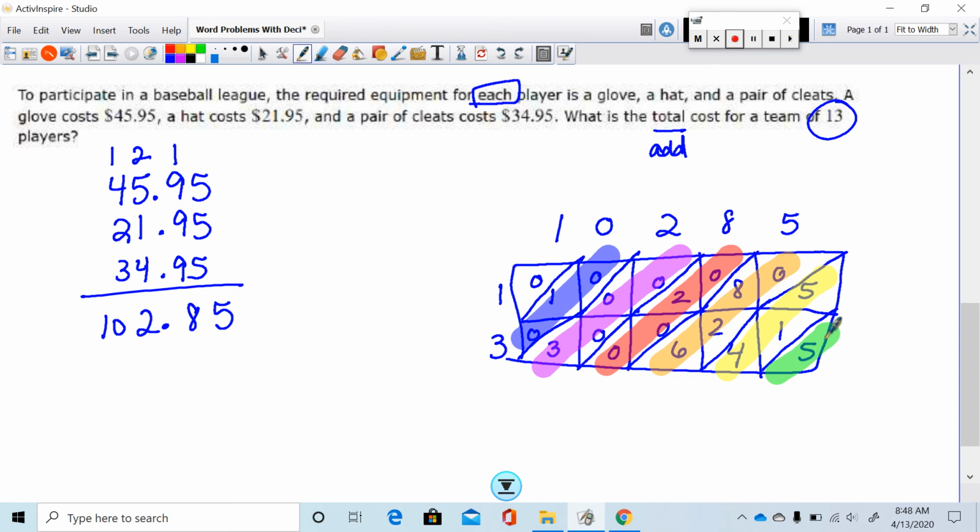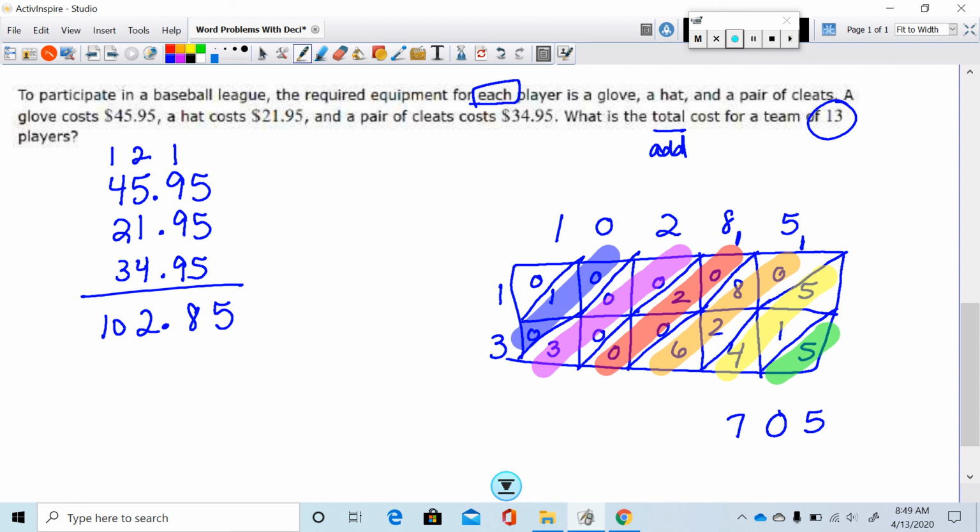Okay, going from right to left. The first diagonal, 5. You add the colors. 5 plus 1 plus 4 is 10. Now you write down the 0. You carry the 1 over to the next diagonal like this. Then you include that when you add. So that's 6 plus 2 plus 8 plus 1 is 17. Write down the 7.